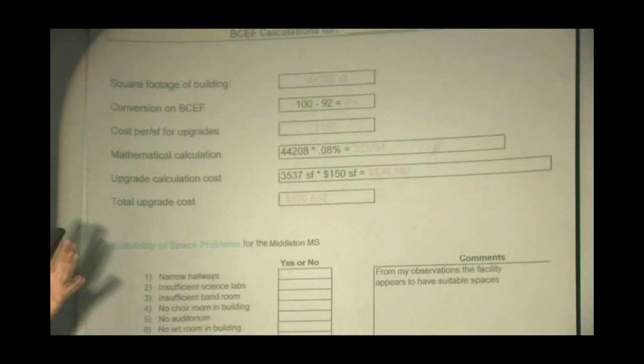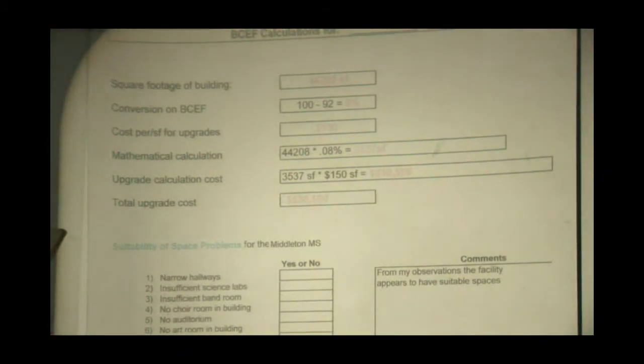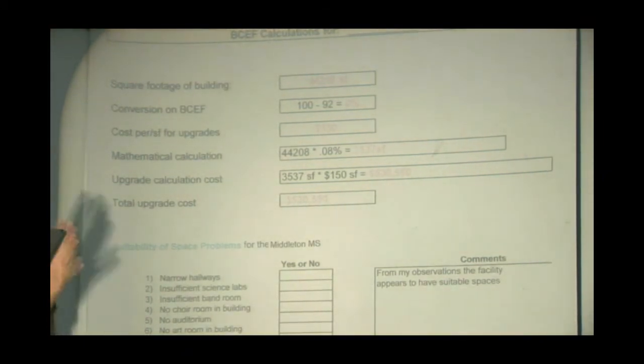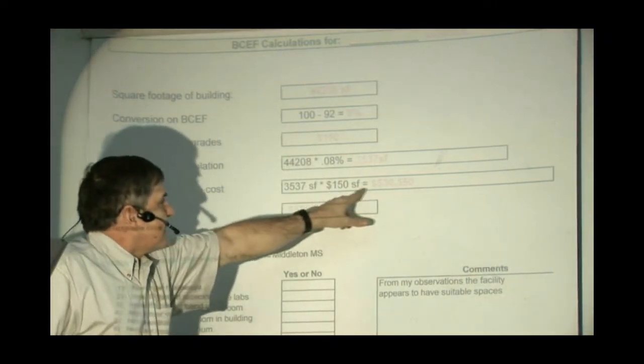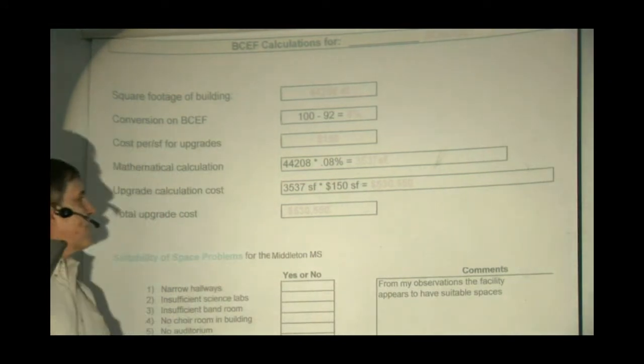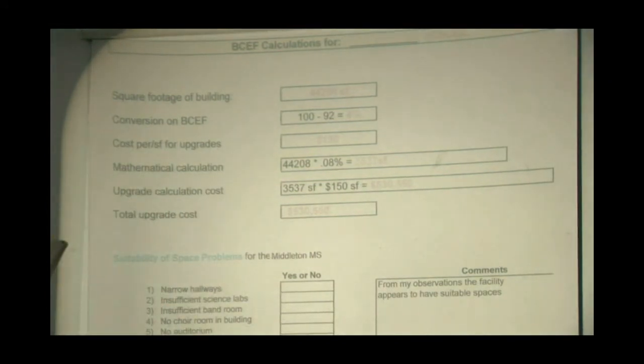That was the challenge that they gave us when we did this study, $700 million. Tell us the buildings in Idaho that are not good. That means that they judged them lower. So 3,500 square feet times the 150 tells me $530,000, $500,000 to upgrade Middleton Middle School building.